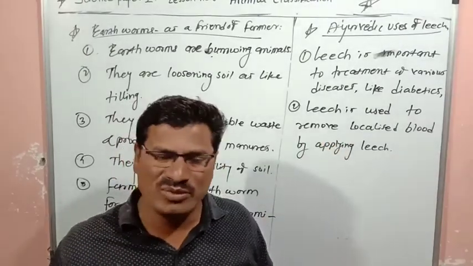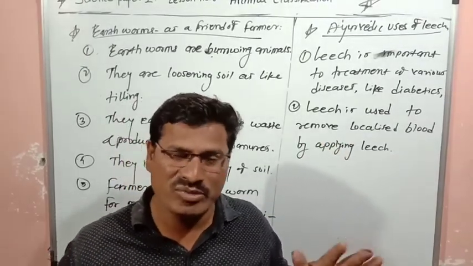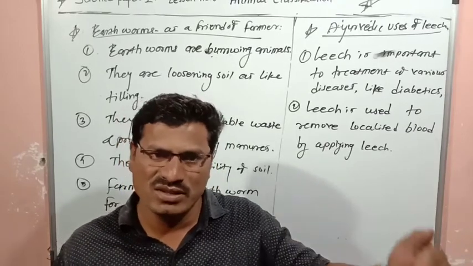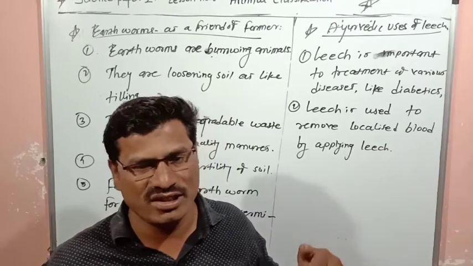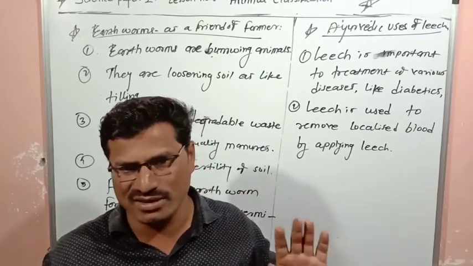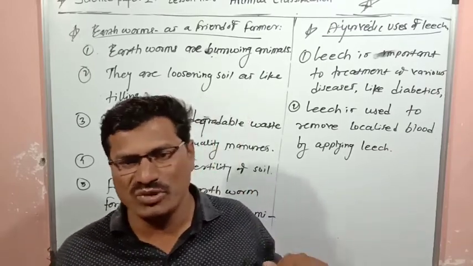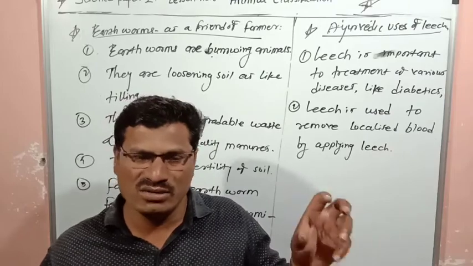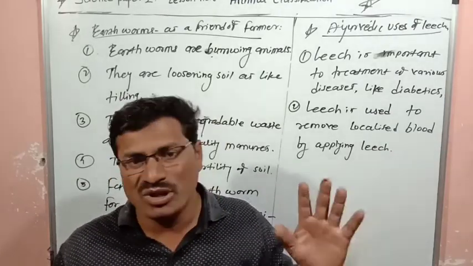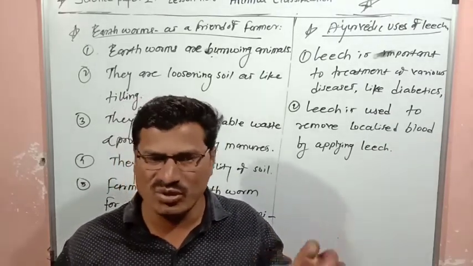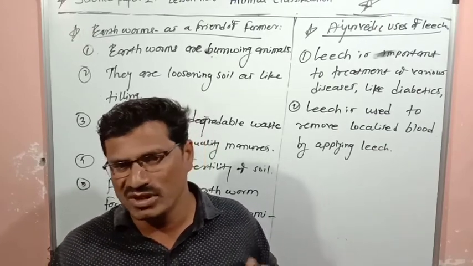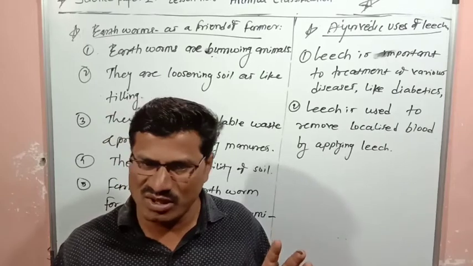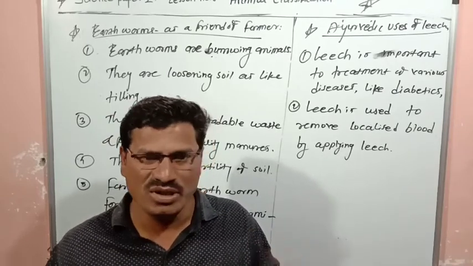That blood will be removed, and at the same time, the saliva of that leech is mixing with that particular spot, and because of that, the blood pressure or blood circulation at that place becomes normal.